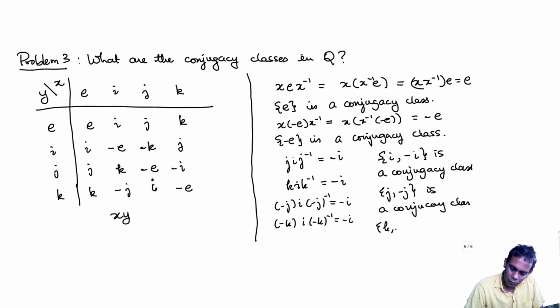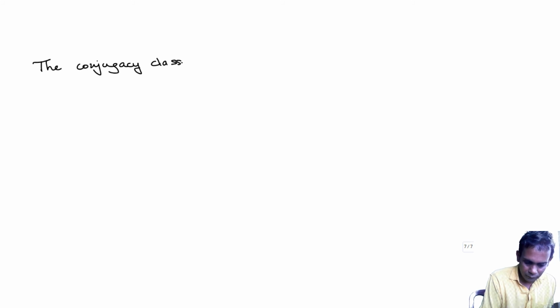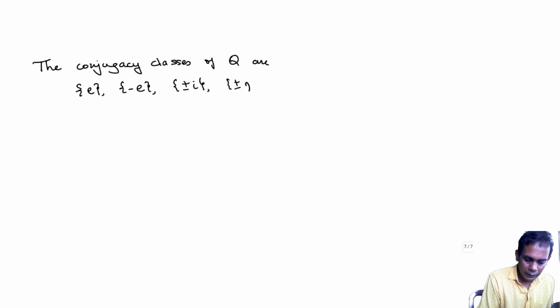And K comma minus K is a conjugacy class. So, final answer, the conjugacy classes of Q are E, minus E, plus or minus I, plus or minus J, and plus or minus K.